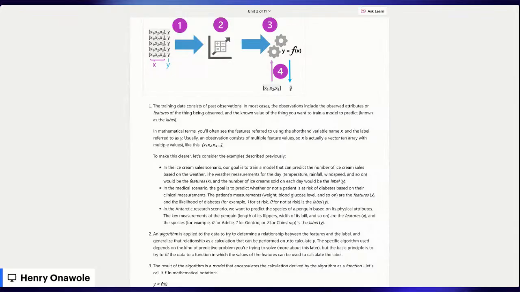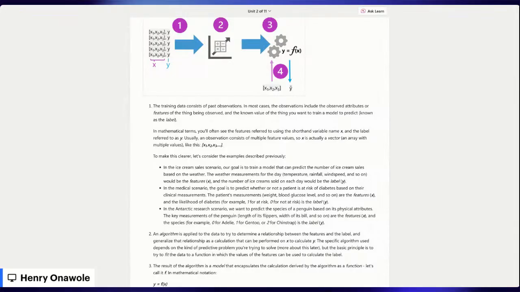When it comes to prediction, there are several factors that can be considered in arriving at a prediction. It could be a combination of both dependent and independent variables here. The weather measurement for the day, we have temperature, rainfall, wind speed, and so on, would be the feature X, and the number of ice cream sold on which day would be the label Y.